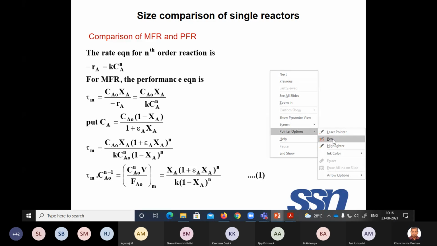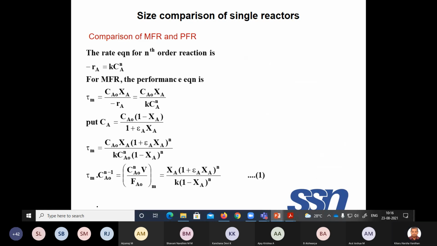Now you see, I want to have 80% conversion. For this, I require VM as 100 liters. This is all some assumptions, this is all just an example.